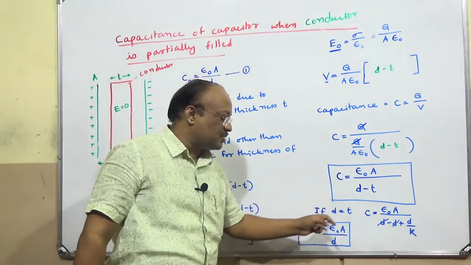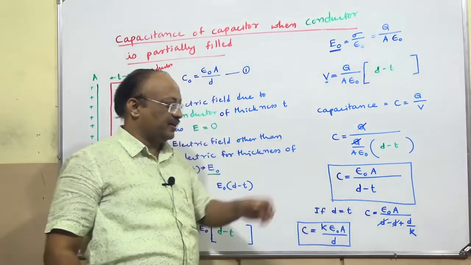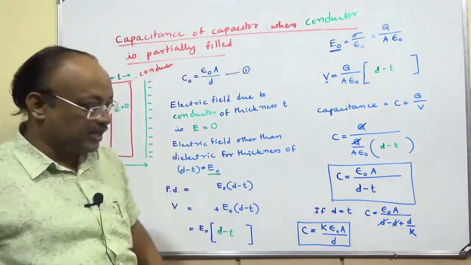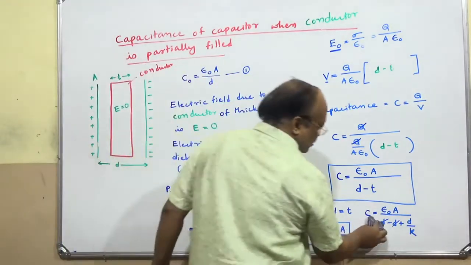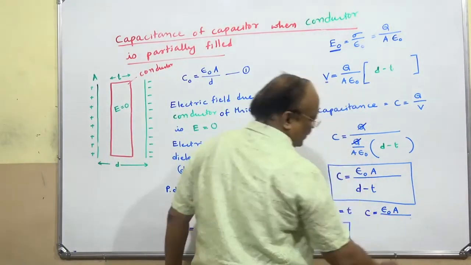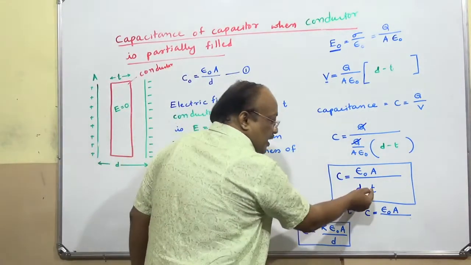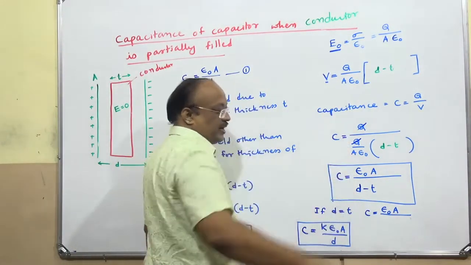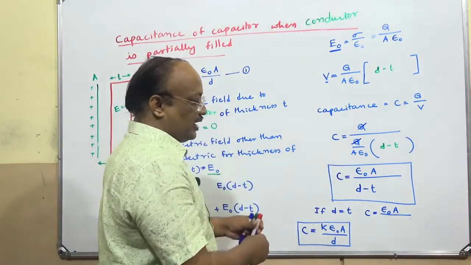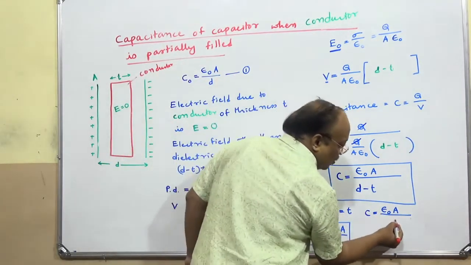Similarly, a special case: in epsilon naught A by D minus T, if you substitute T equal to D, then D minus T is equal to 0.